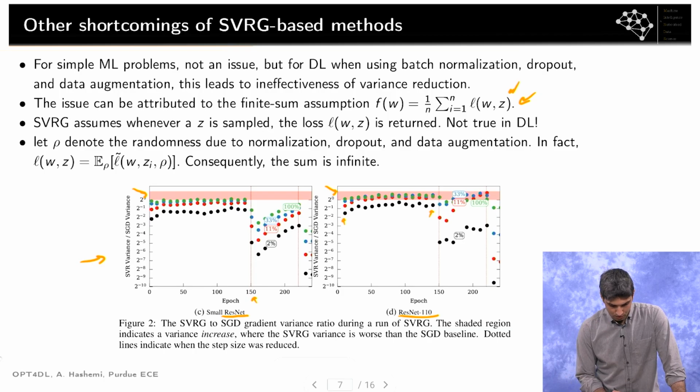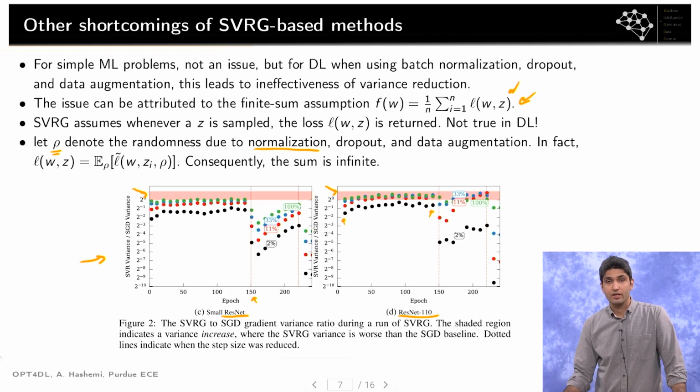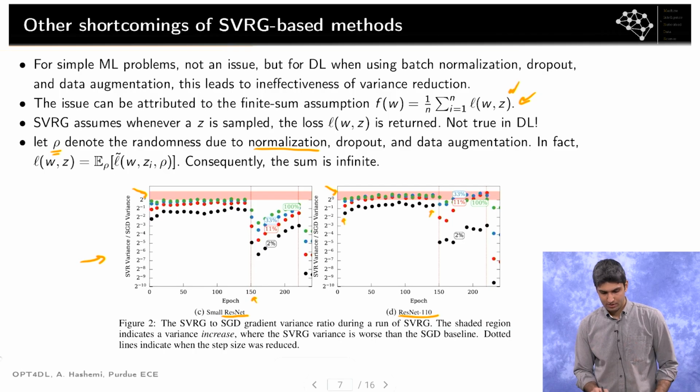Okay, so let rho denote the randomness due to normalization. Again, remember, batch normalization is a randomized operator because it depends on the batch that you are processing. Dropout, again, is randomized. You flip a coin with some probability and then you deactivate some of the neurons.